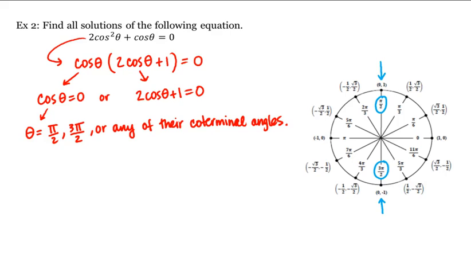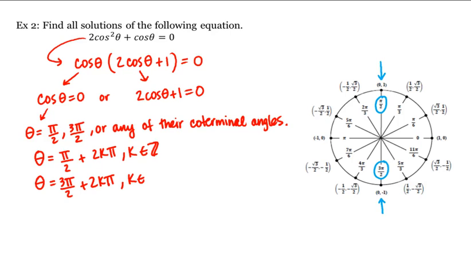Which, remember from the last example, we can write that theta is equal to pi divided by 2 plus 2k pi, where k is an integer, and theta is equal to 3 pi divided by 2 plus 2k pi, where k is an integer.